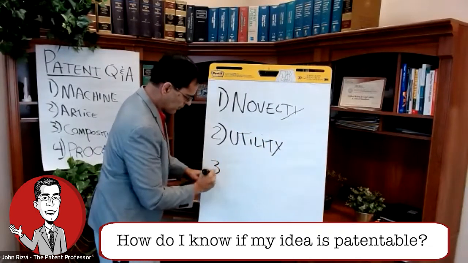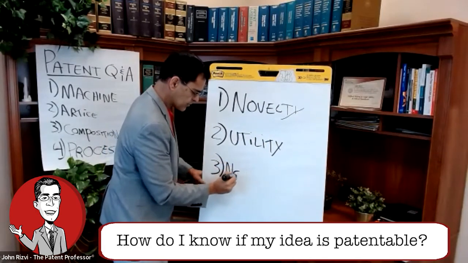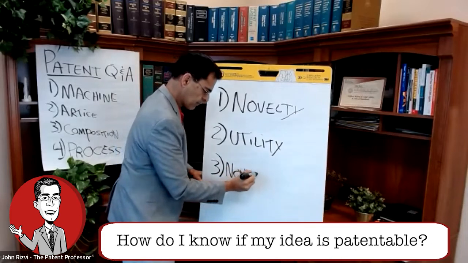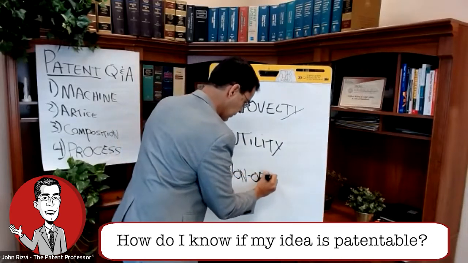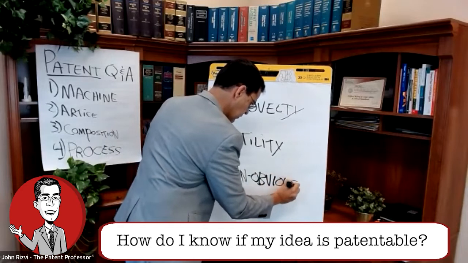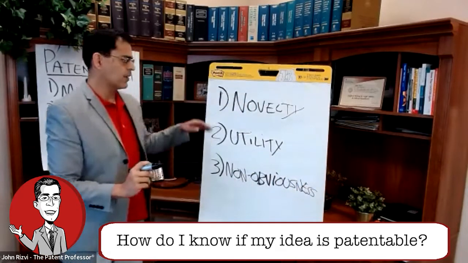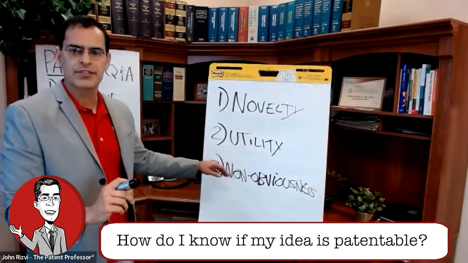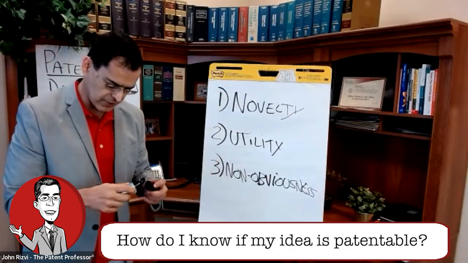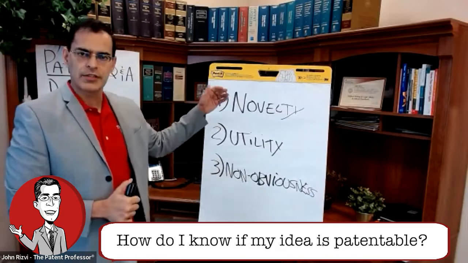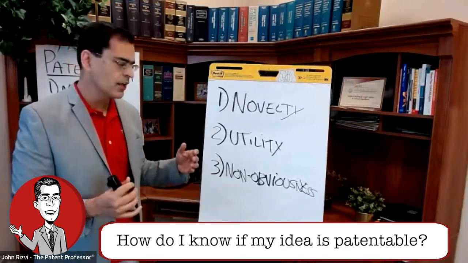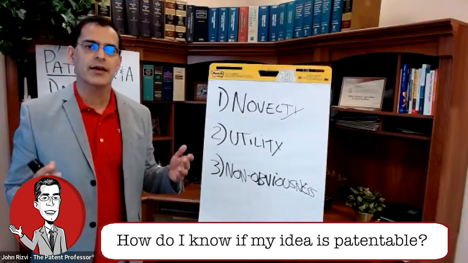And the third requirement is non-obviousness. So you've got to have novelty, utility, non-obviousness, not necessarily in that order. A lot of times you'll see utility, novelty, non-obviousness. Novelty is that your idea has to be new.